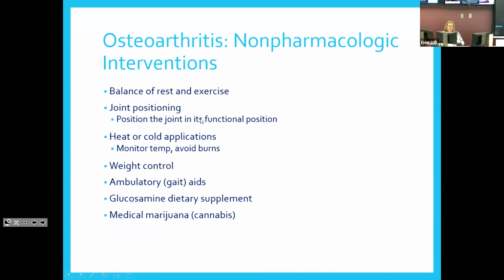And then you can use heat or cold applications. Some people say heat hurts, some say cold does, but always monitor the temperature to avoid burns. A cold burn can happen as well. Weight control, ambulatory aids like a walker, glucosamine dietary supplements, and then medical marijuana can help with your osteoarthritis.